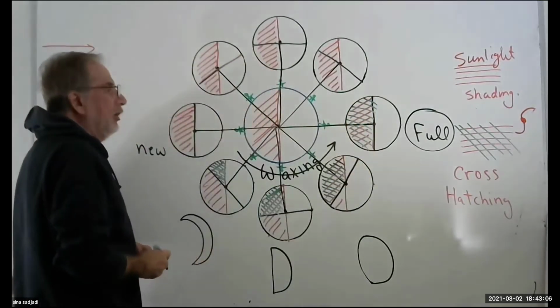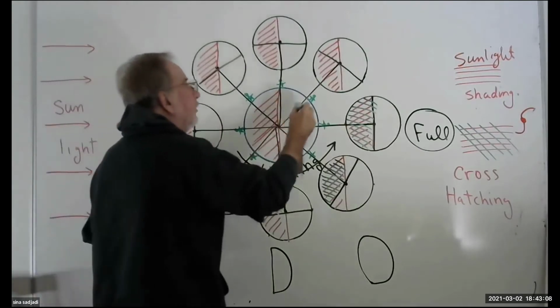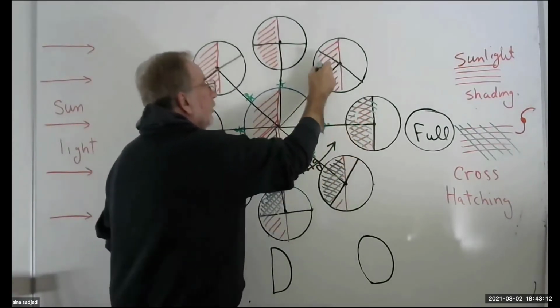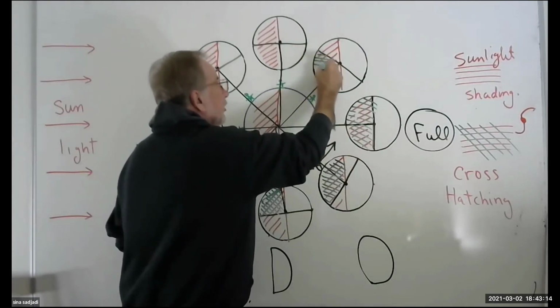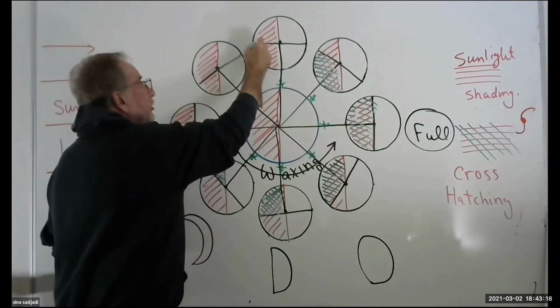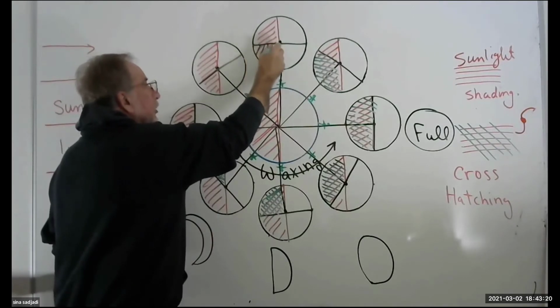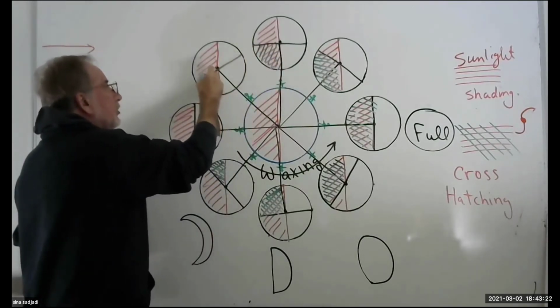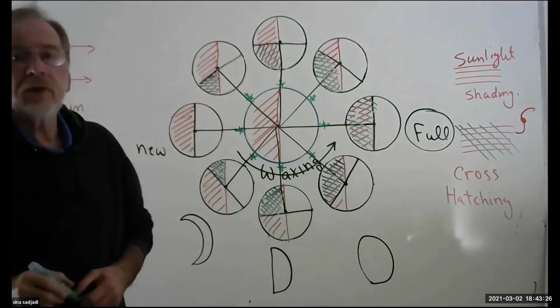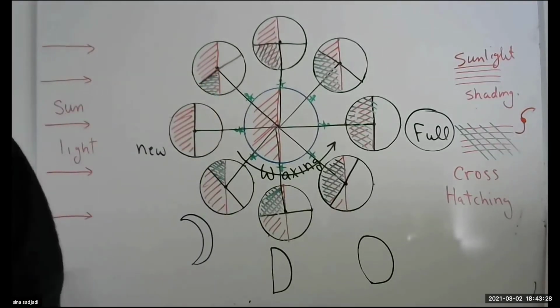You can see all of the light on the moon now. From this little guy's vantage point, he's looking at it, he sees all of this. This guy here can see about 3/4 of it. This guy here sees 1/4 of it. This guy sees a little crescent again. So there you have it.